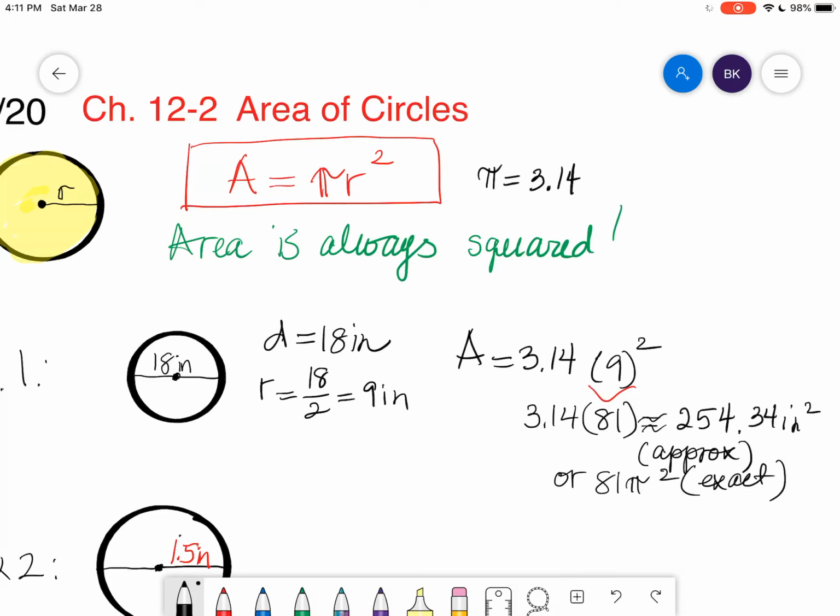Again, please pay attention to what it's asking you. If it says list your answer in terms of pi, then you will write radius squared and just keep the pi in your answer. Otherwise, you're just going to take 3.14 multiplied by radius squared.